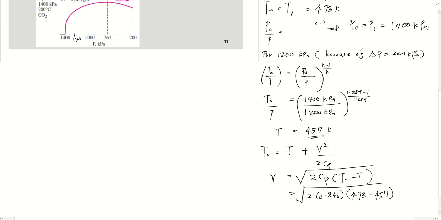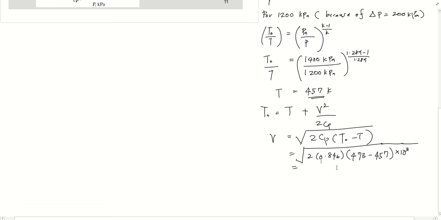Since 0.846 is in kilo, multiply by 10 to the power of 3, and you will get the velocity. The velocity is equal to 164.5 meter per second.